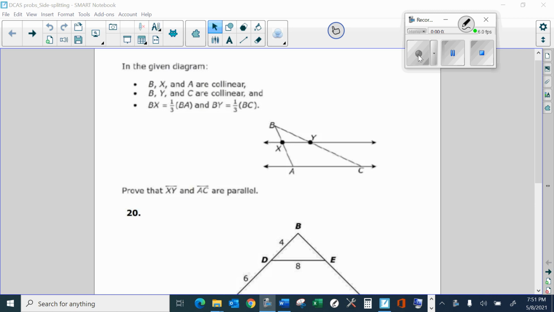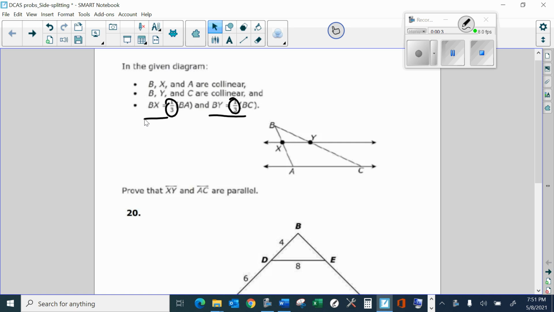Okay, students, some side splitting problems. Number one here, if a segment or a line divides two sides into the same proportion as it does here, 1/3, the same ratio on both pieces there, then the line is parallel.